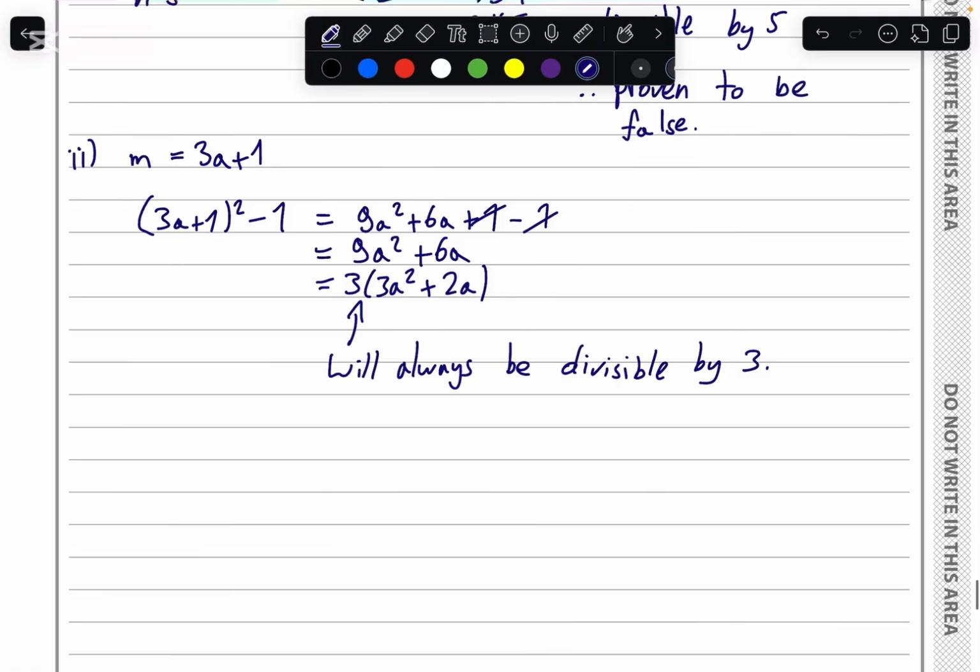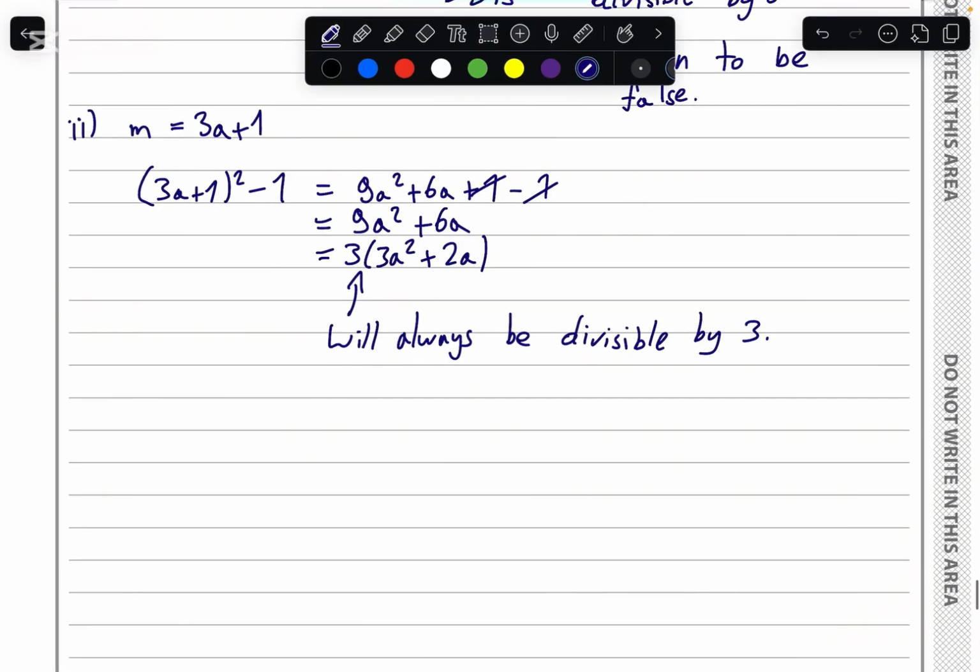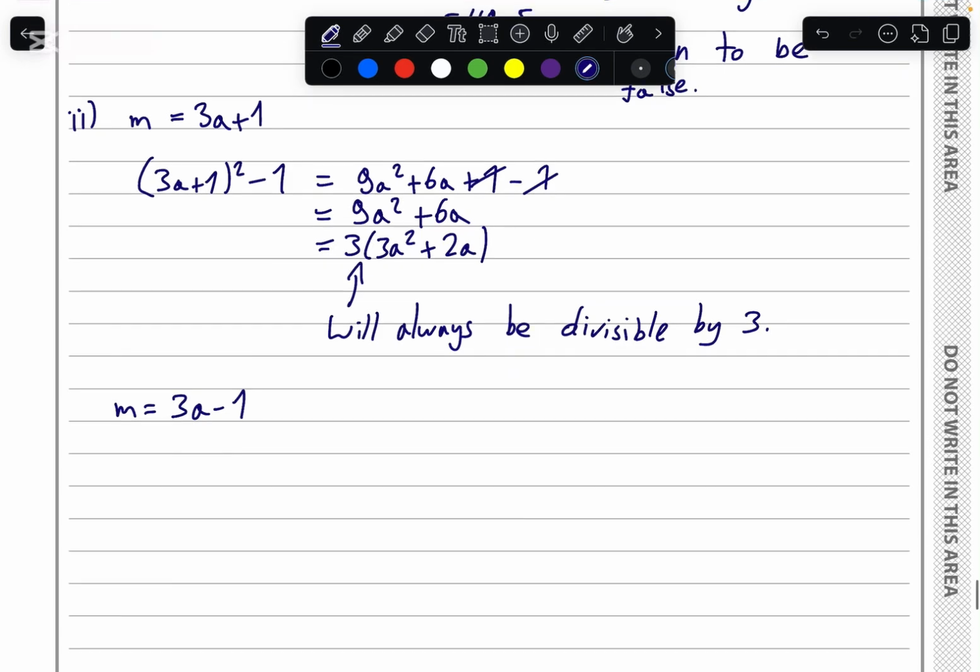Here we defined that m is equal to 3a plus 1, which is always one number above a number that is divisible by 3. To get full marks, we also need to consider the number that is one below a number divisible by 3. So we could define m to be 3a minus 1.